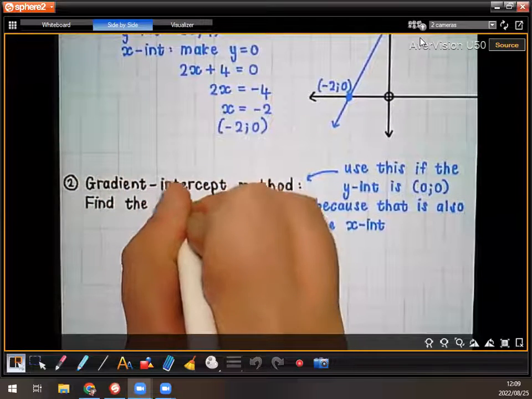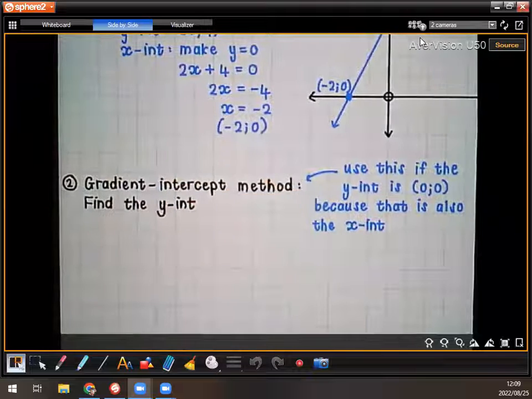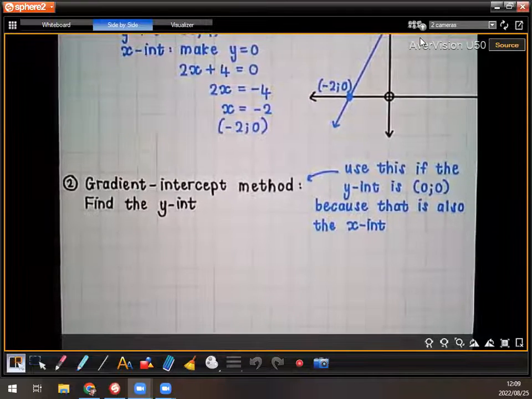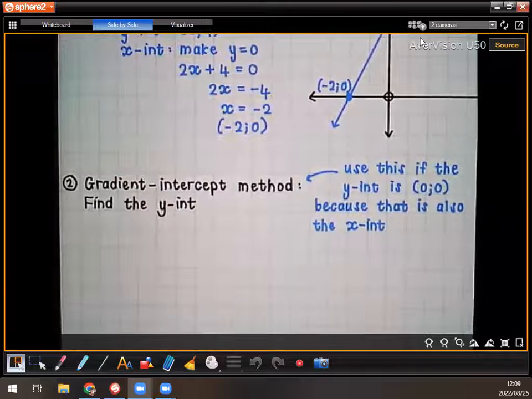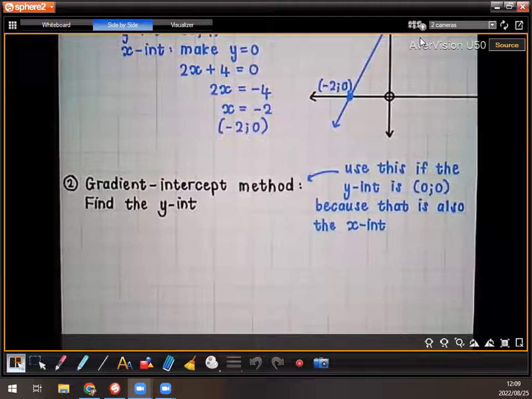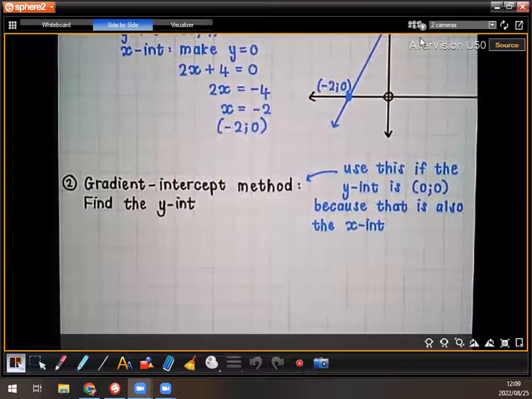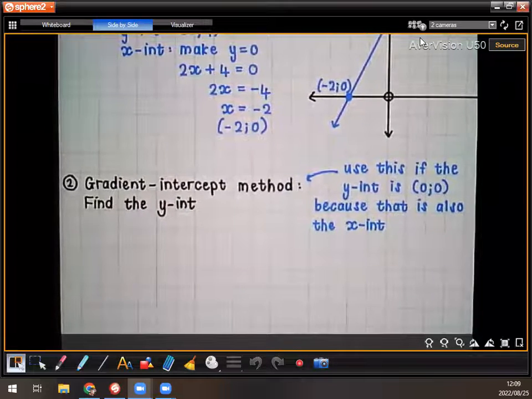So guys, just to clarify, you can use this method even if your y-intercept is not 0, but I don't recommend that you do. Because when you are drawing a straight line for marks, you get a mark for your y-intercept and a mark for your x-intercept. So you have to calculate your x-intercept if there is a different one.